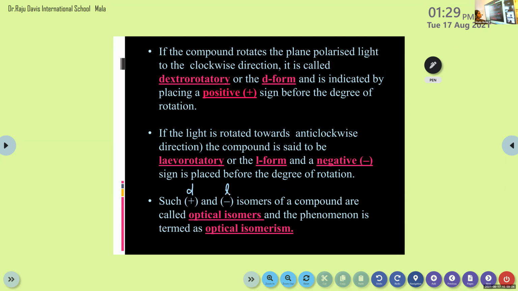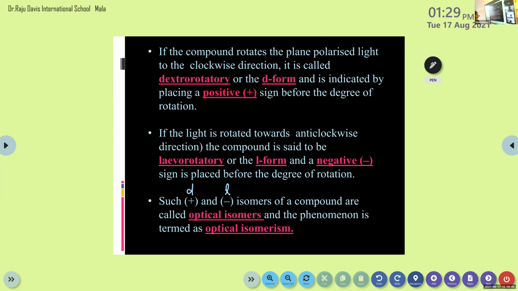Vidur, can you read the points? If the compound rotates the plane polarized light to the clockwise direction, it is called dextrorotatory or the D form, and it is indicated by placing a positive sign before the degree of rotation.